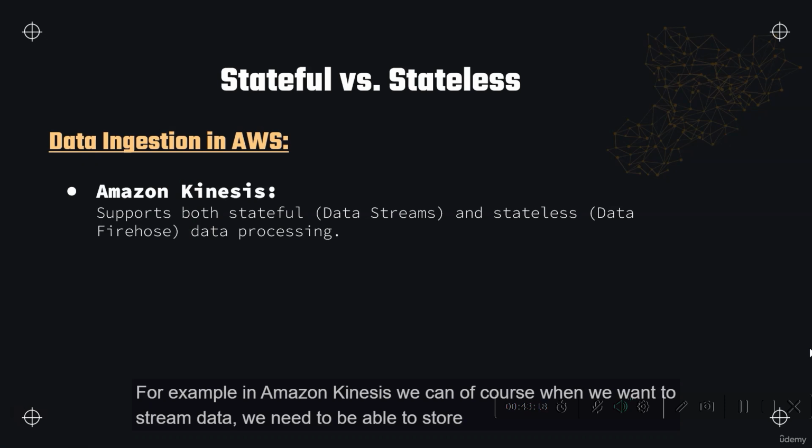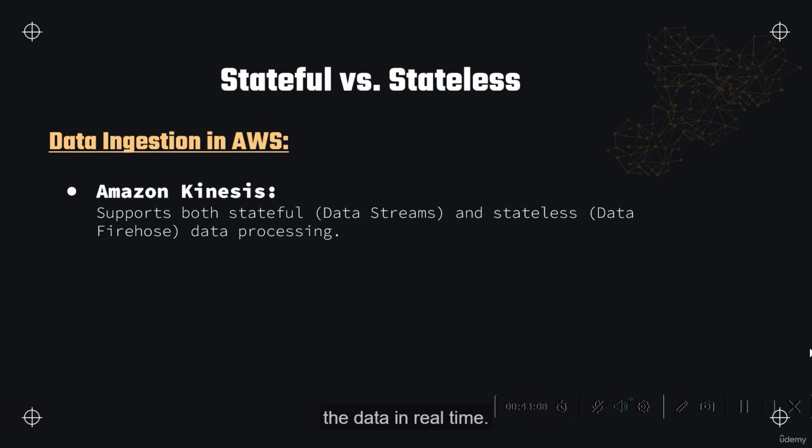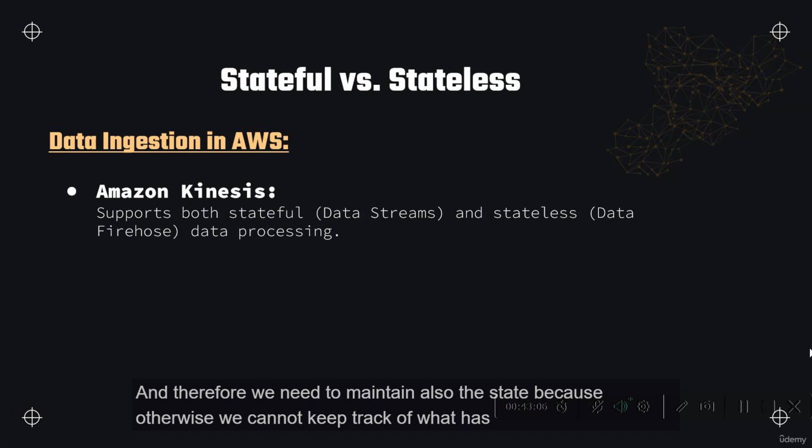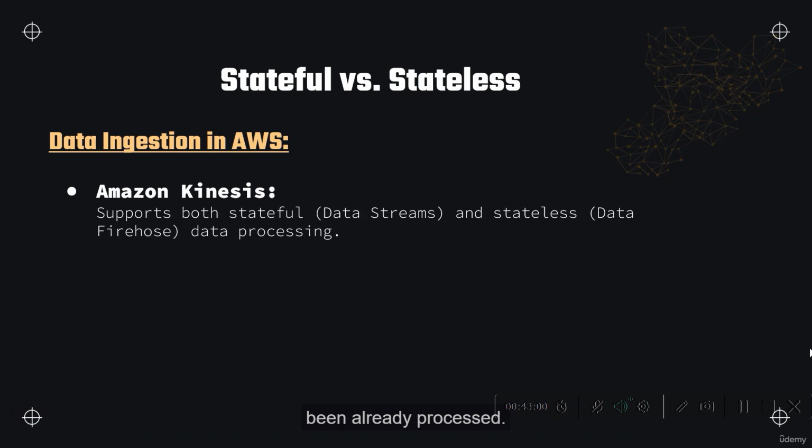For example, in Amazon Kinesis, when we want to stream data, we need to be able to store the data in real time. And therefore, we also need to maintain the state, because otherwise we cannot keep track of what has been already processed.